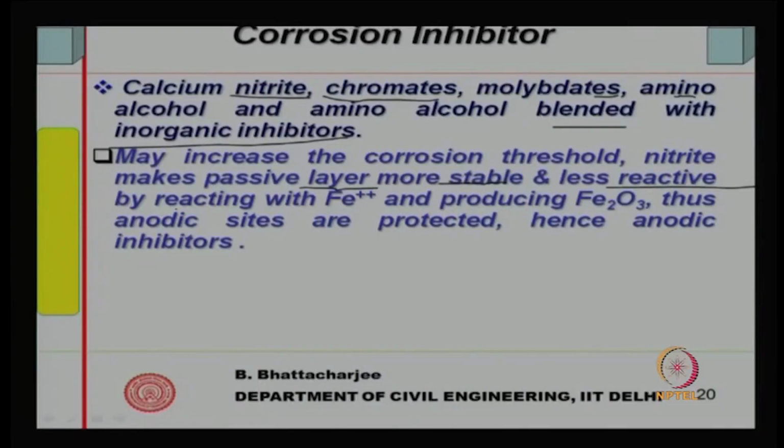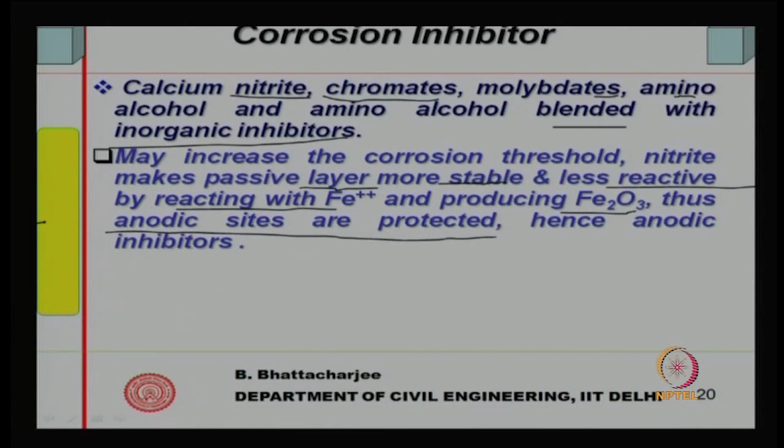Nitrite acts that way, all right, and they are less reactive, therefore protecting the steel. They are less reactive by reacting with Fe and producing Fe2O3. So, they might first react with Fe and then allow production of Fe2O3, thus anodic sites are protected.